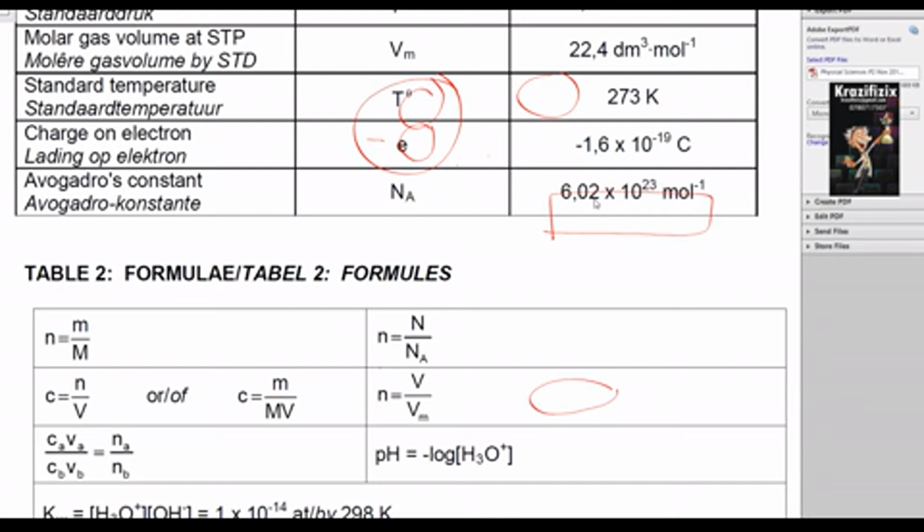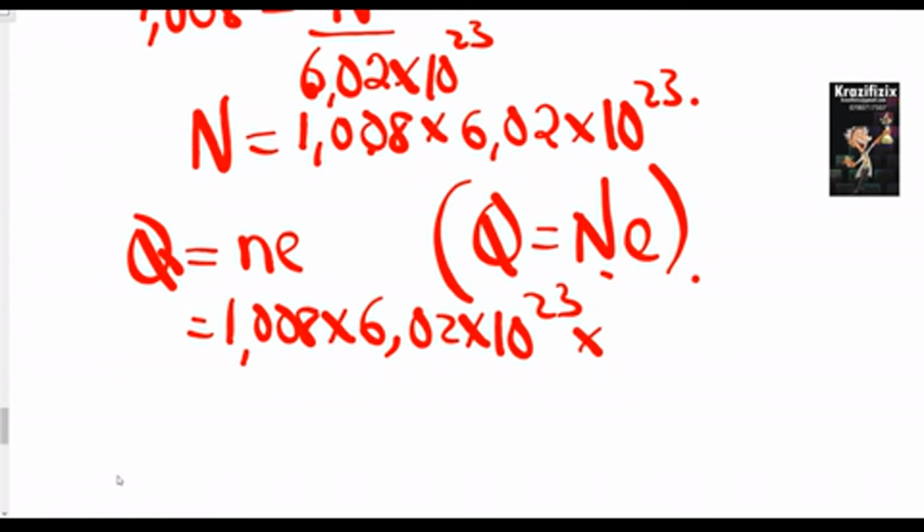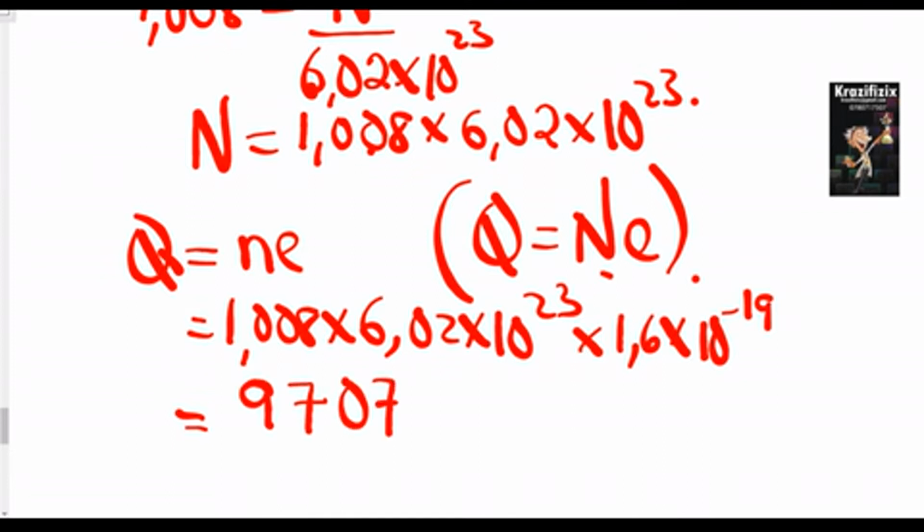We do not really need the negative sign here. The negative simply tells us that electrons are negatively charged. So times 1,6 times 10 raised to power negative 19. All right, so put that in your calculator, and we should have 9,707 coulombs. This is quite long.